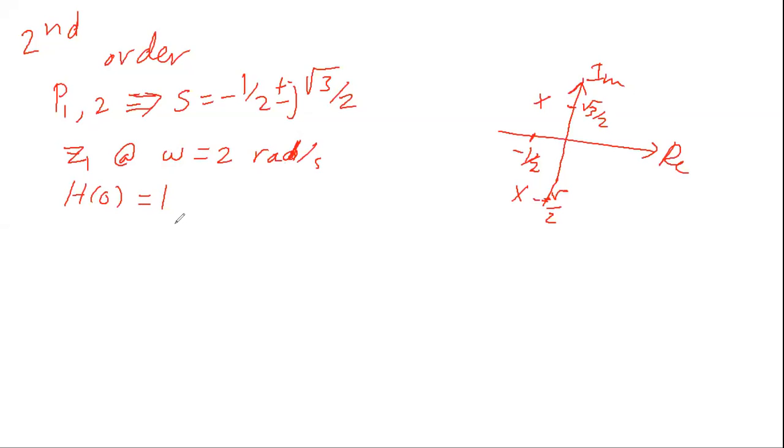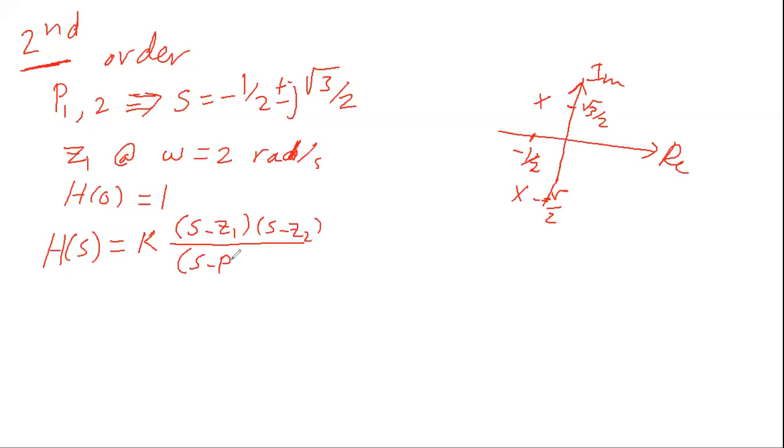Since this is a second order filter, we can write the general form of the transfer function as K times (s minus Z1)(s minus Z2) divided by (s minus P1)(s minus P2).